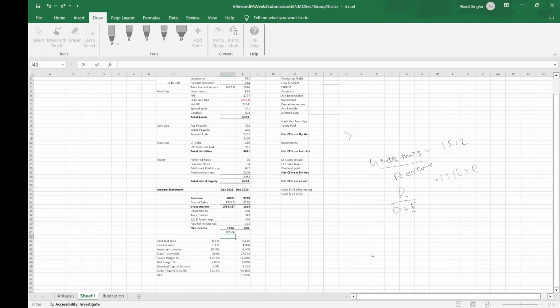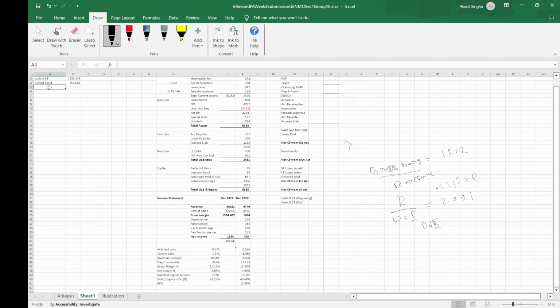Debt plus equity is capital expenditure and revenue. So it is given as 2.091. So debt plus equity should be revenue by this value. So I can say debt plus equity equals revenue by 4916. Okay.